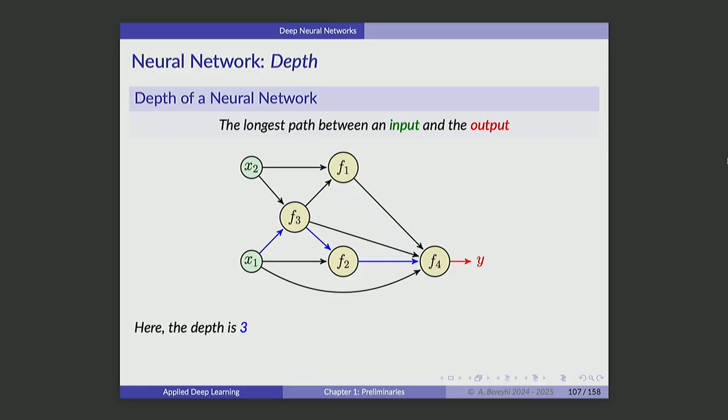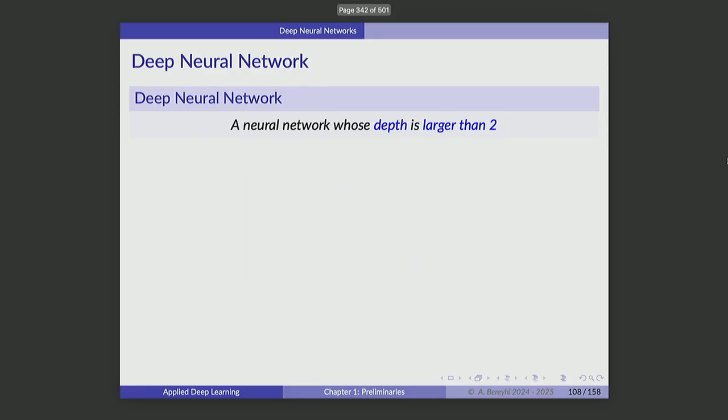So everybody's cool about the depth, right? Now, what is a deep neural network? A deep neural network is one whose depth is very large. And how large is that large? More than 2, yes, exactly. So when you say you have a deep neural network, you simply mean that the depth is more than 2. Not 2 itself, but 3 or more.